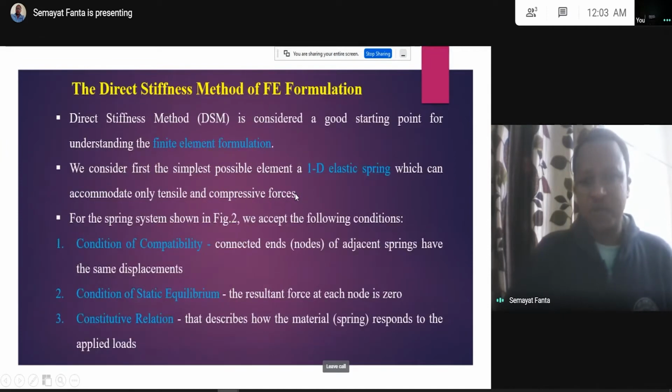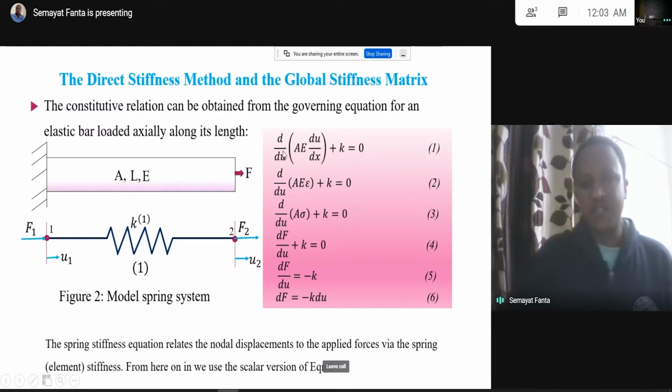So this is d over dx of AE du dx. It is my fault. So plus k, which is equal to 0. Then this AE du over dx is a strain.